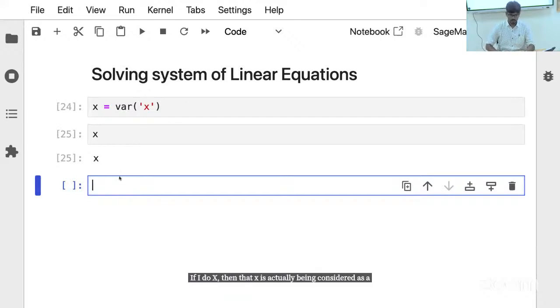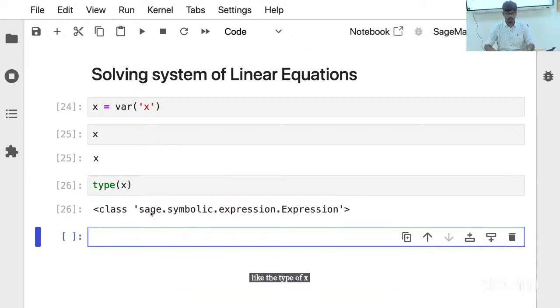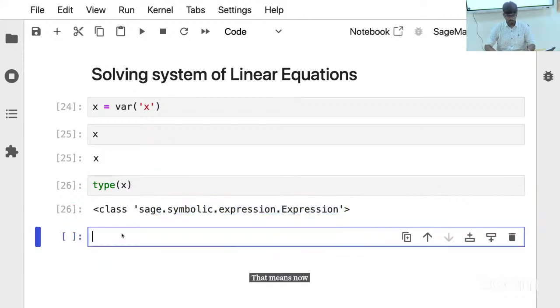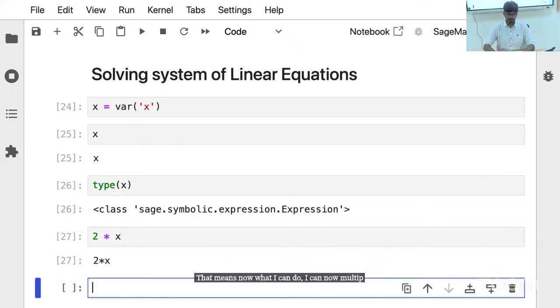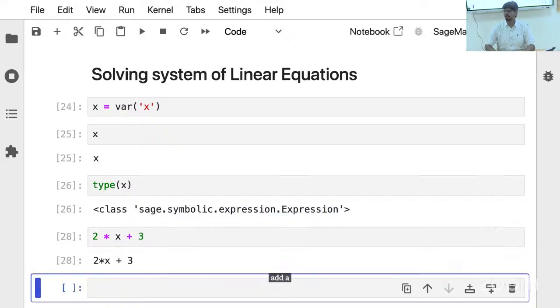You can even write the type of X, and that says it's a symbolic expression class, an instance of a symbolic expression. That means now I can multiply that X, or add a number to that X. All my calculation now is not going to be an error.